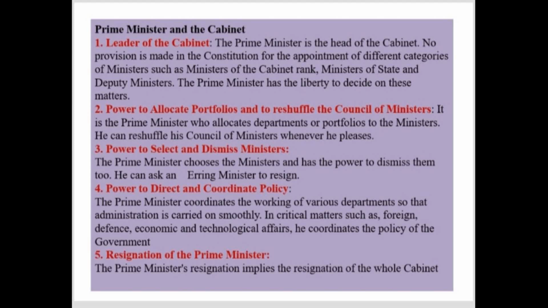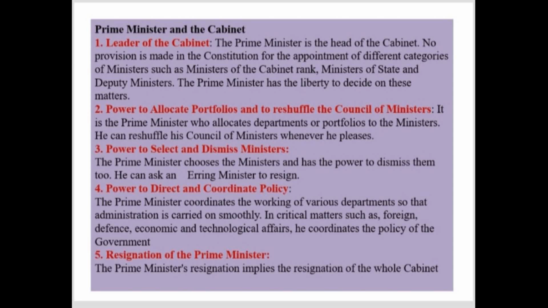Also, the prime minister coordinates the working of various departments so that administration will go very smoothly. For example, if there is some kind of disturbance between two ministries, or any lack of communication between ministries, then the prime minister will take up the responsibility and try to bring coordination between the ministries, so that the policies of the government will be efficiently implemented.